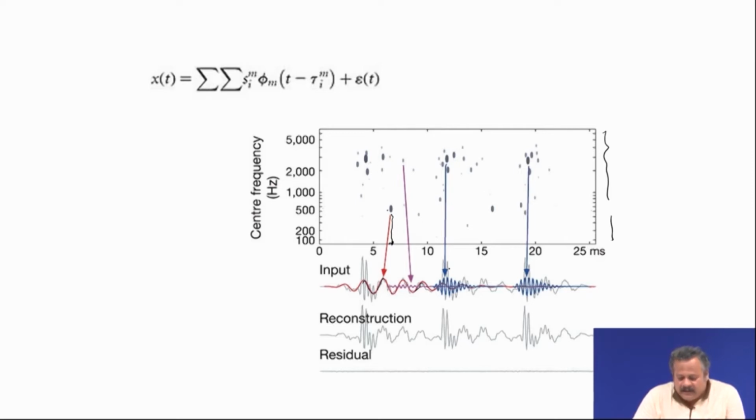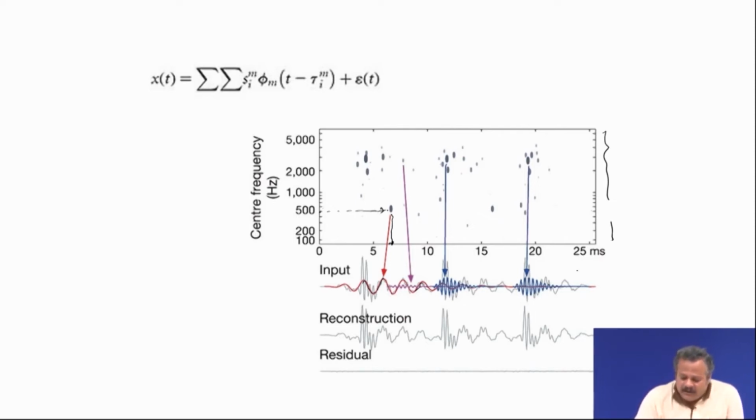That is, if you take the Fourier transform of that kernel, then it has a peak frequency, and that frequency is what the SIMs are plotted against in this diagram on the top.